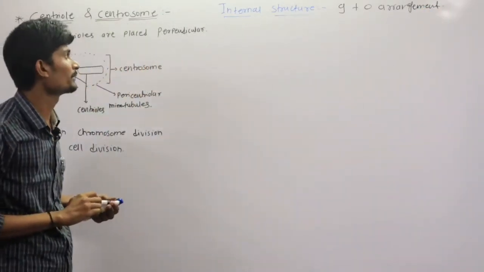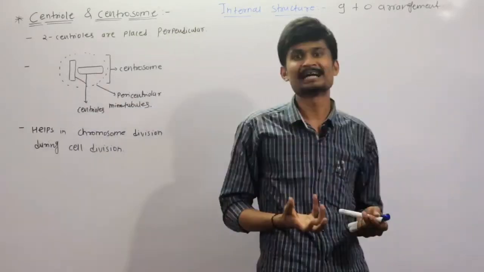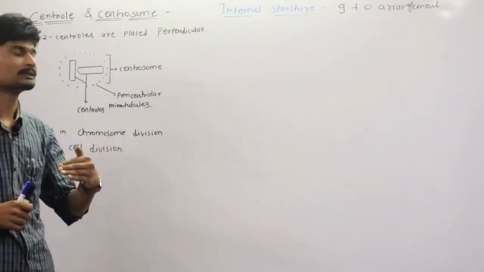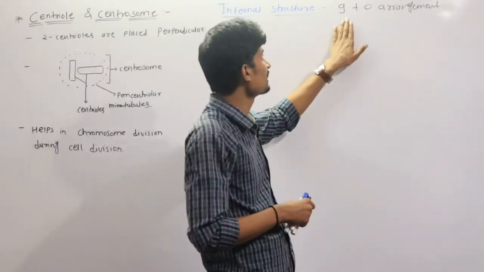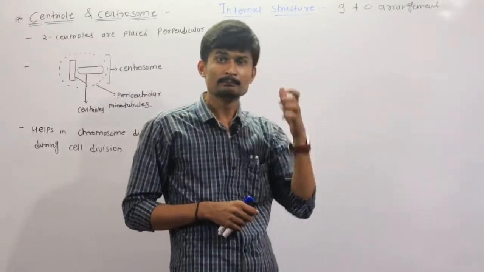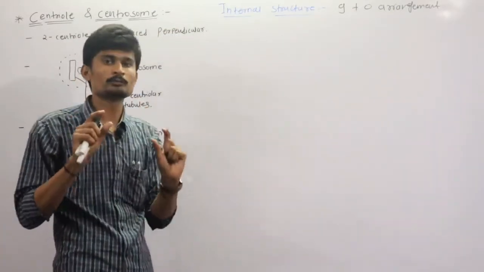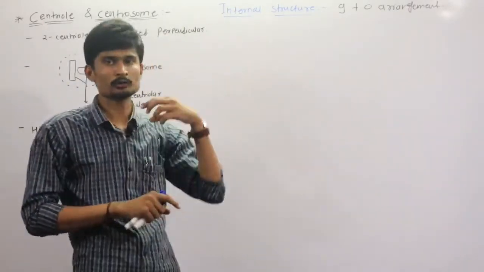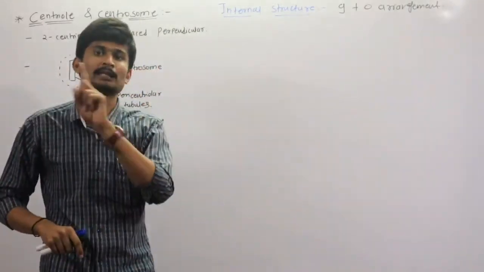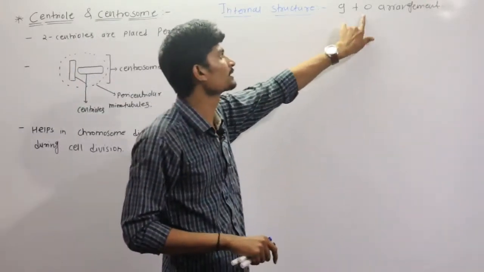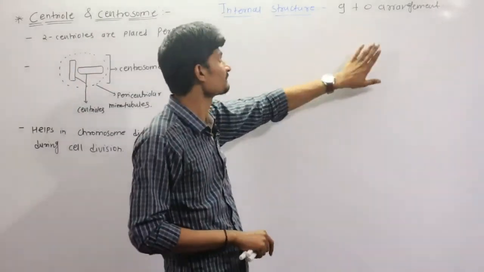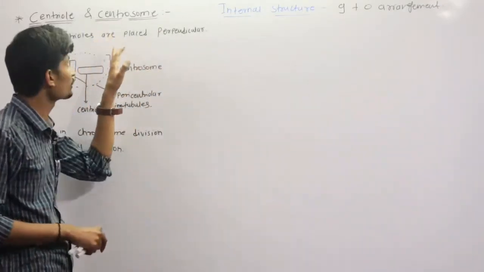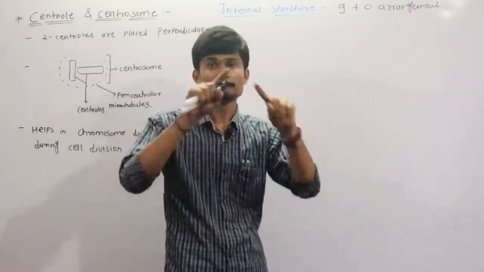In the last topic, flagella and cilia, we saw that their internal structure has a 9+2 arrangement, meaning two microtubules at the center and 9 peripheral microtubules. Here it is a 9+0 arrangement, so there are 0 microtubules at the center of the centriole or centrosome and 9 peripheral microtubules.